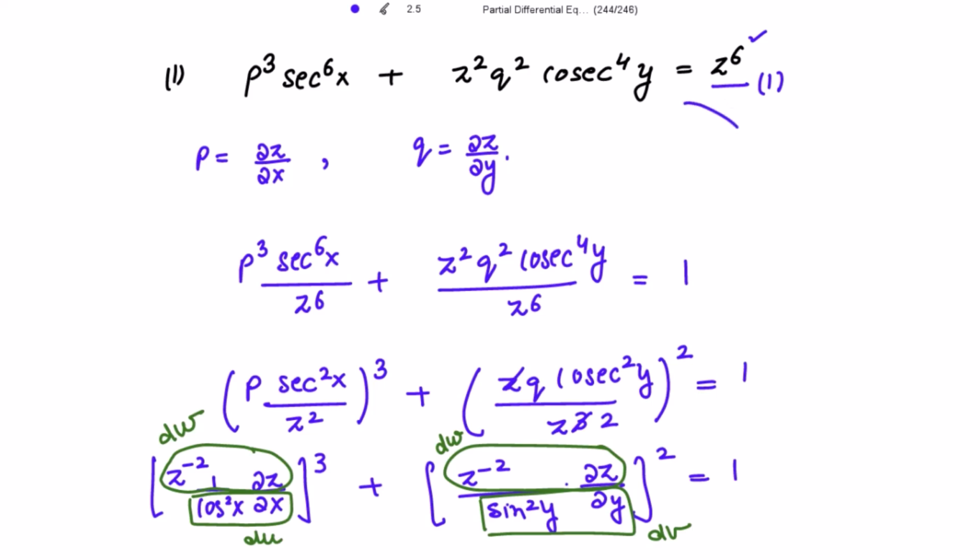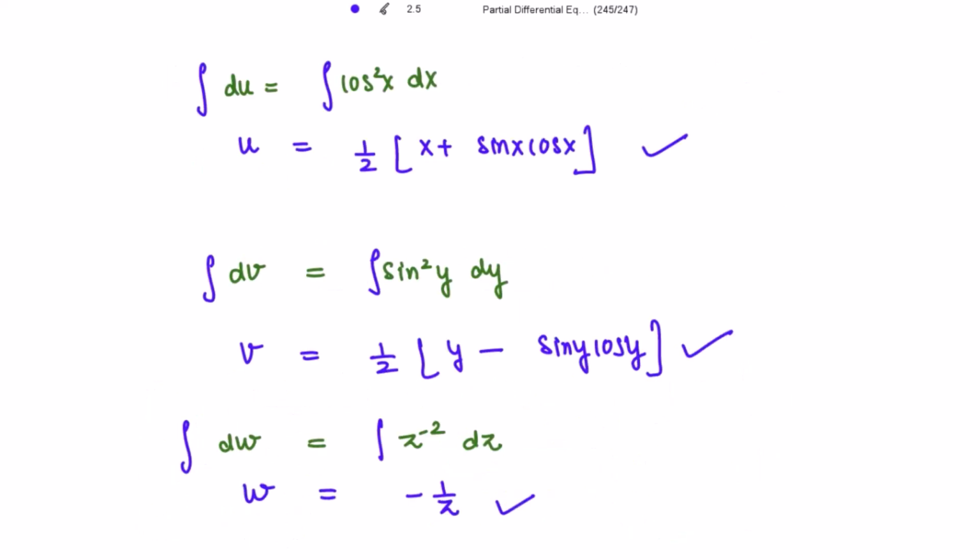So let's get back to the given equation. This given equation is rewritten as this. So let me write this equation again. We have here cos²x dx in the denominator, that is du. So it is dw by du. We have in the numerator dw, and in the denominator we have du, right? So it is dw by du to the power 3.